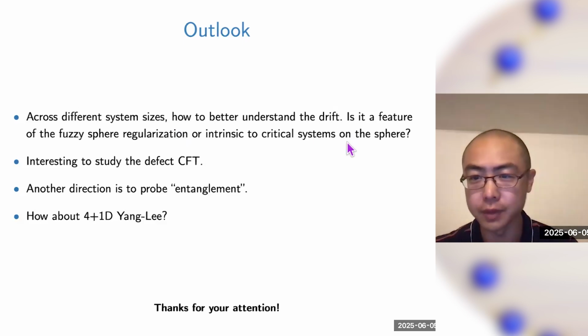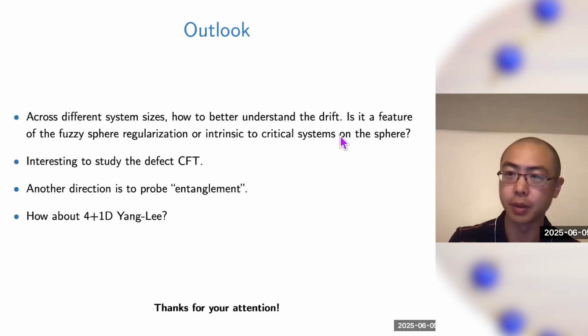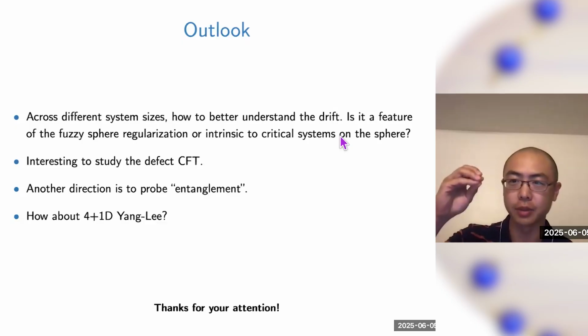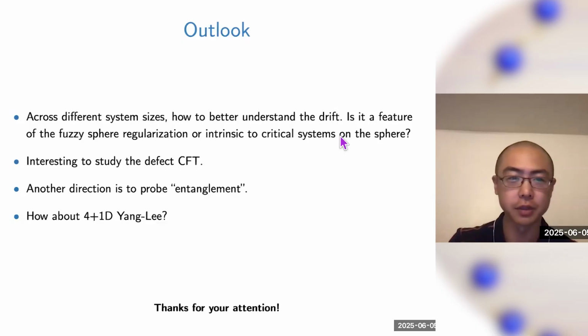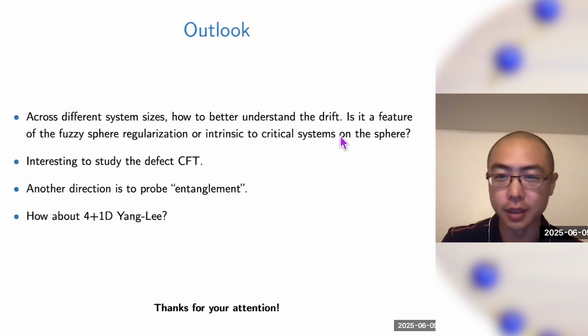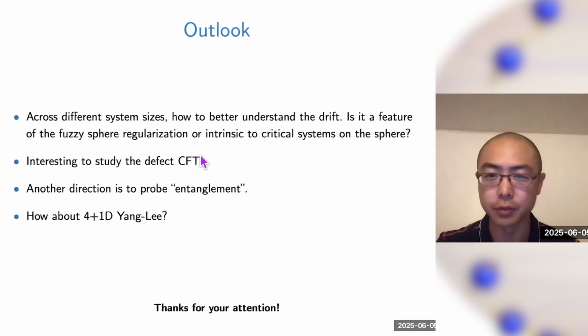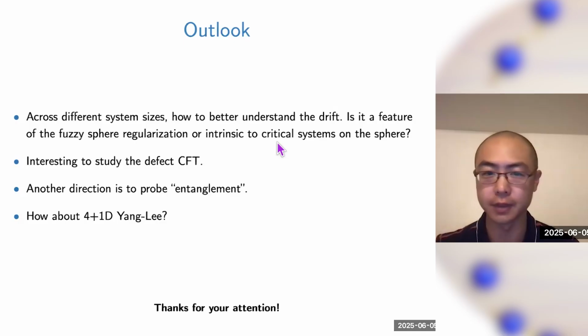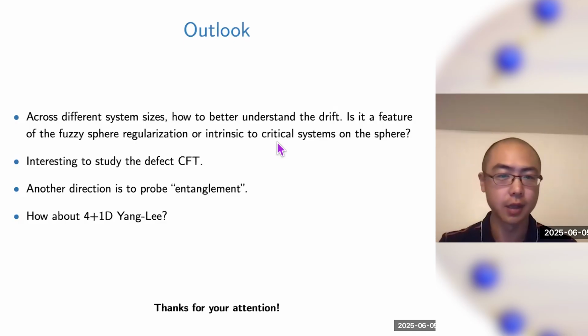I forgot to put a reference here, but in the recent paper posted by Andrew Loshley and Slava Rychkov, they attribute this to the coupling between the CFT operators and the background curvature. But it's questionable whether this is something intrinsic or a feature of the fuzzy sphere regularization itself.